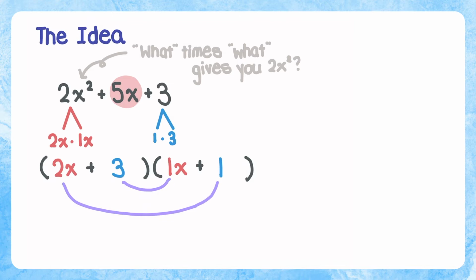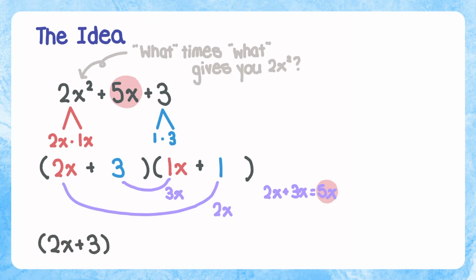So 2x times 1 is 2x, and 3 times 1x is 3x. I'm going to combine those. 2x plus 3x equals 5x. Is that the same as this middle term up here? Yes. So this is our solution.